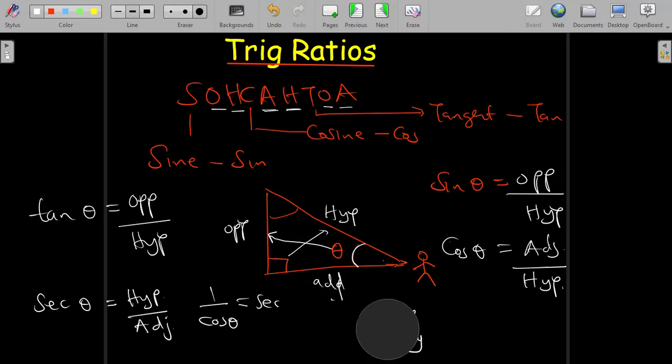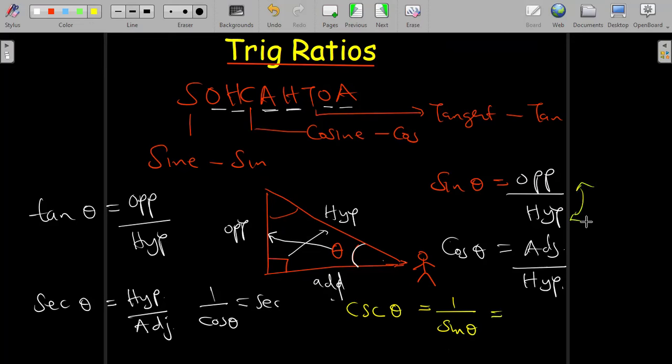Then another one which we can introduce here is cosecant. Cosecant is given by 1 over sine theta, which is just the flip of this. So that means it will be hypotenuse over the opposite. This is cosecant theta.